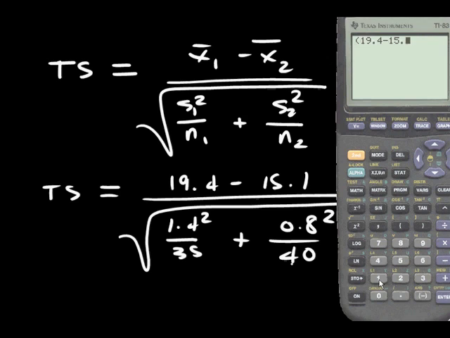Close your parentheses, add 0.8 squared divided by 40. Close your parentheses. Make sure you have a second close parentheses to tell your calculator that we're through entering information under the radical. Hit enter. Now if we approximate this to the nearest thousandths, we get 16.025 for a test statistic.